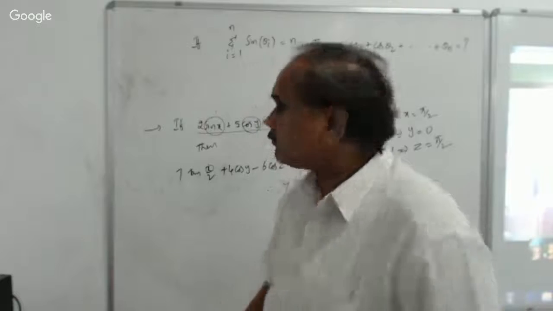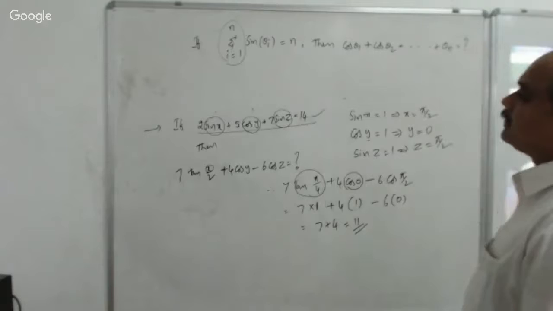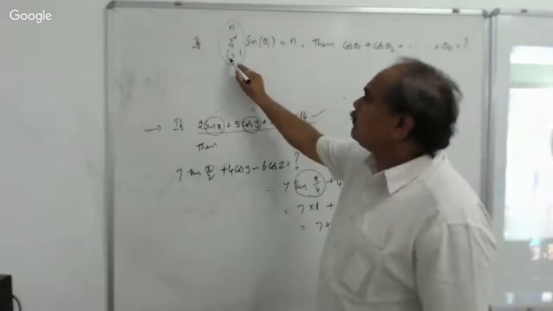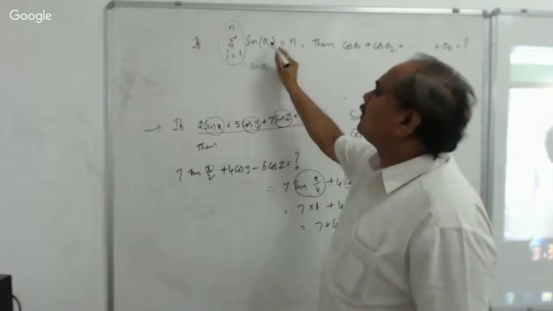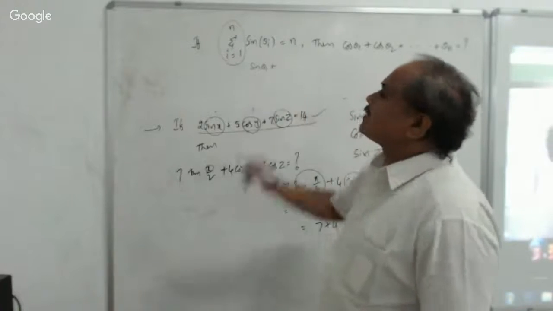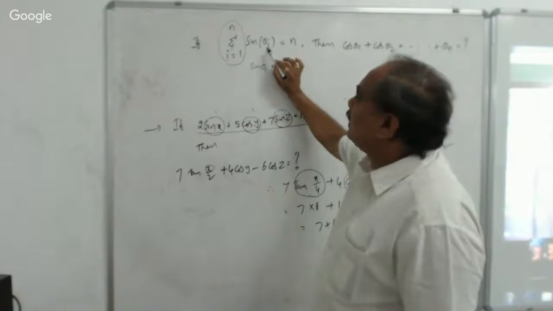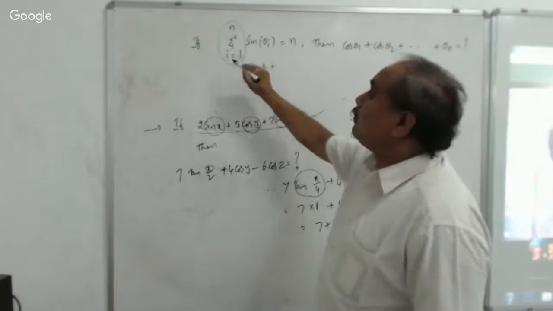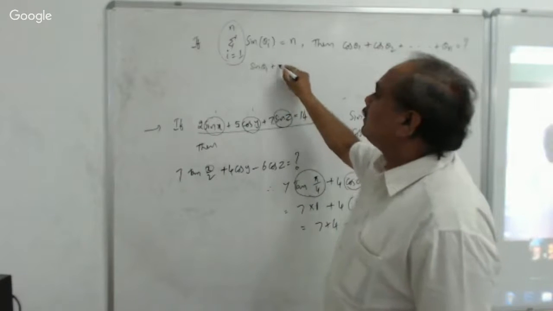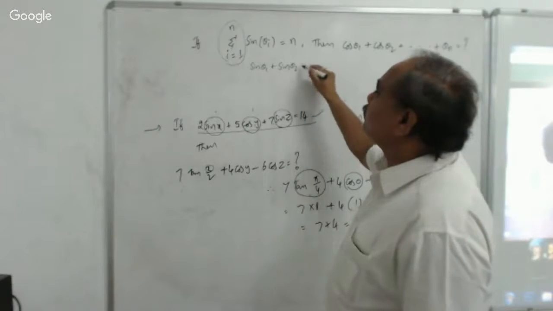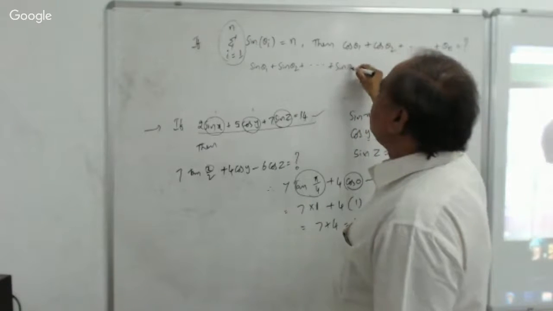Here sigma represents summation. By putting i equal to 1, we get sin theta 1. Sigma is nothing but plus summation. Here you have to put the values of i from 1 to n. By putting theta equal to 1, we get this, plus theta equal to 2, then up to theta n.